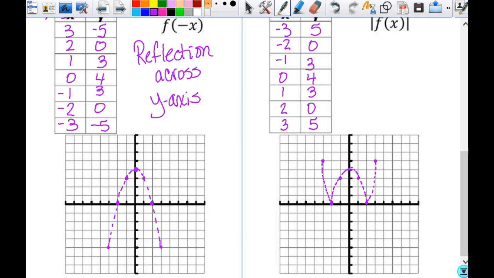So let's rewrite this. We're going to keep points where y is greater than or equal to 0.